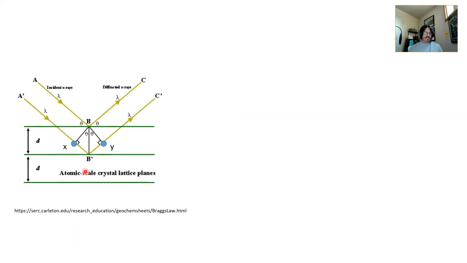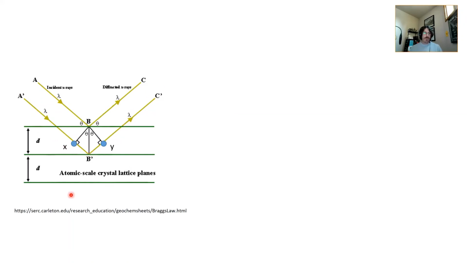But I altered this picture by adding point X and point Y. The reason I did that is because you have this X-ray beam that bounces off of this plane of atoms, and this is AC. Then you have another beam of X-rays, A prime to C prime, bouncing off the next row of atoms.